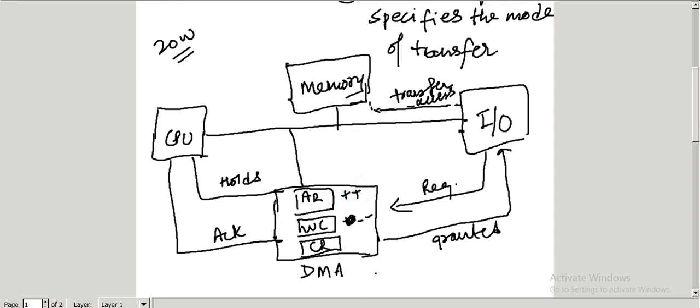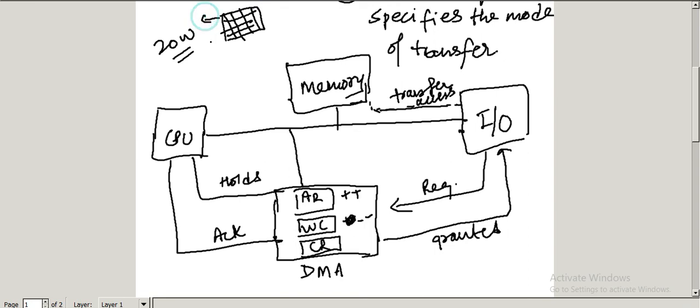So sometimes they can ask you in the questions that in DMA the address register is incremented and the word count register is decremented by one. Why? Specify the reason. So the reason is that, as we know, in memory we have various blocks, and this is divided into blocks, and each block has an address.